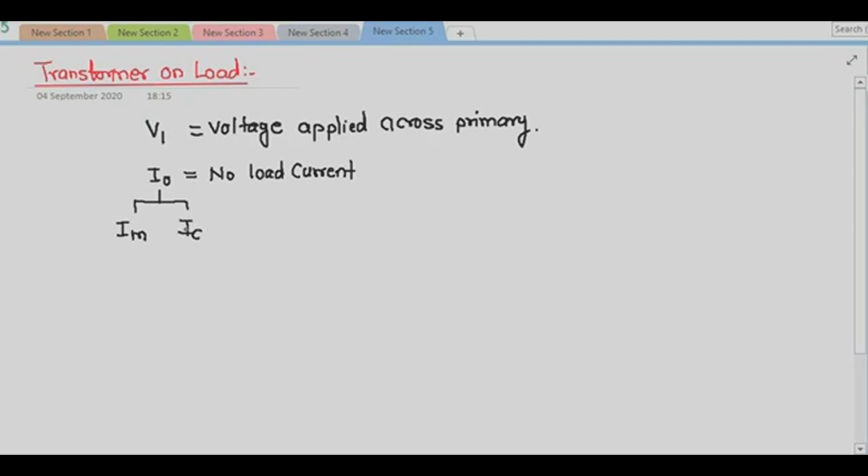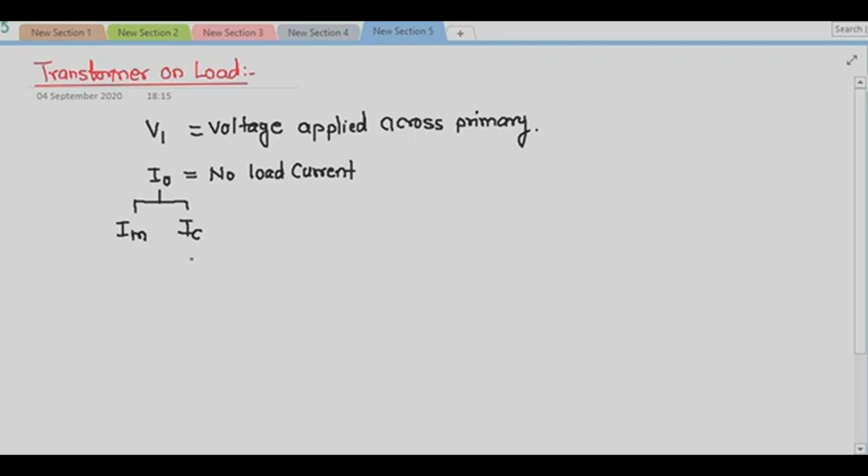The magnetizing current will set up the mutual flux phi which is in time phase with IM only. This flux induces EMF E1 in the primary, which is called the EMF of self-induction, and E2 in the secondary, which is called the EMF of mutual induction.